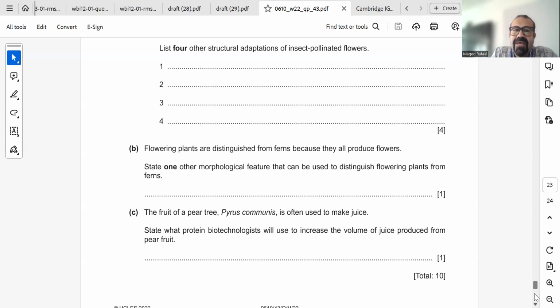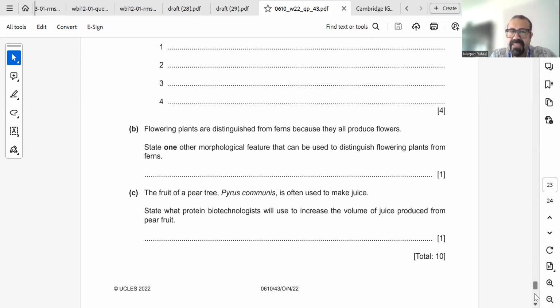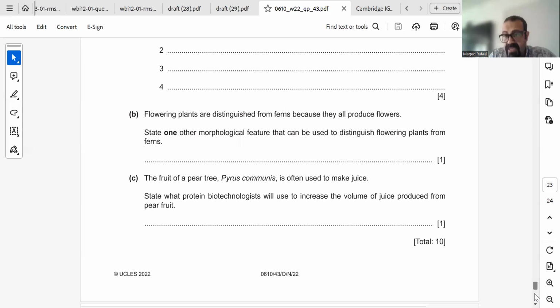Fine, but flowering plants already produce seeds, and he did not mention it. If you want to say something morphological and be on the safe side, you can mention pollen, ovule, or the leaves themselves, because the lower part of the leaf in ferns has spores. All of these are okay if you want to be on the safe side, but what you mentioned about seeds is fine.